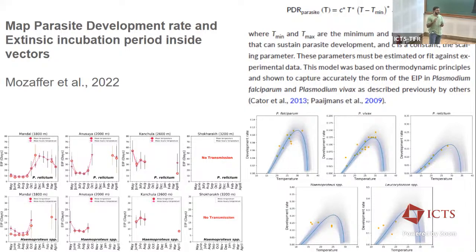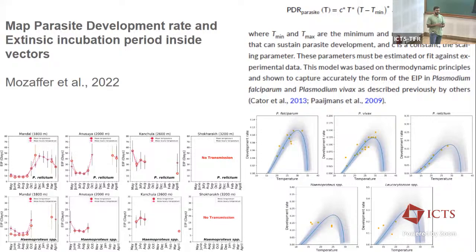When a Plasmodium enters a mosquito, how quickly it will go through its sexual reproduction, get absorbed into its body and produce sporozoites, and then reach the salivary glands and get accumulated there. That time will be dependent on how high the temperatures are and how much temperatures fluctuate within the day. If I have very low temperature in the morning and very high temperature in the afternoon, then that will reduce its development rate.